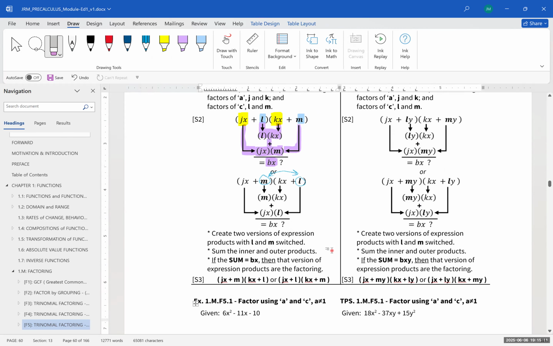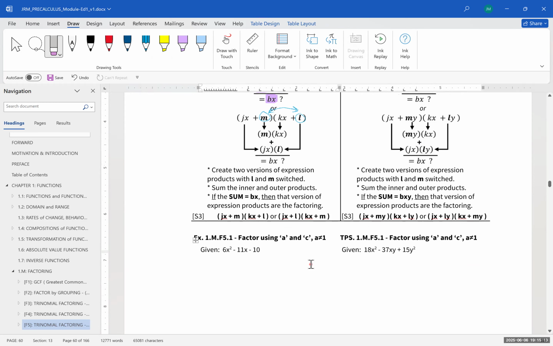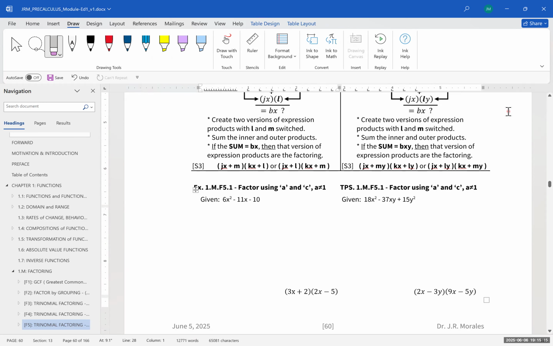So let's take a look at an example here. We have 6x squared minus 11x minus 10. You'll notice that the leading coefficient here is not 1.